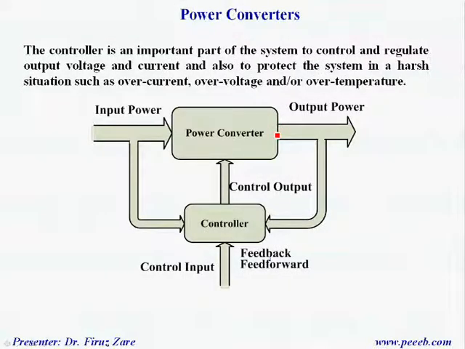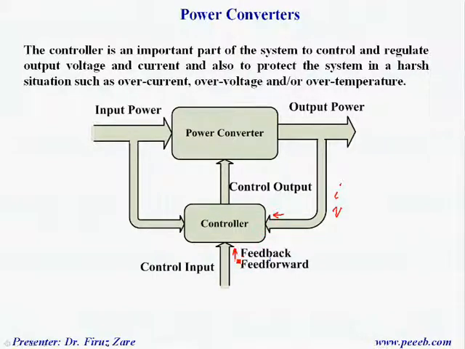The controller is an important part of the system to control and regulate output voltage and current, and also to protect the system in harsh situations such as overcurrent, overvoltage, and over temperature. So what happens is the controller can measure output current or output voltage, and then compare that with the reference signal.